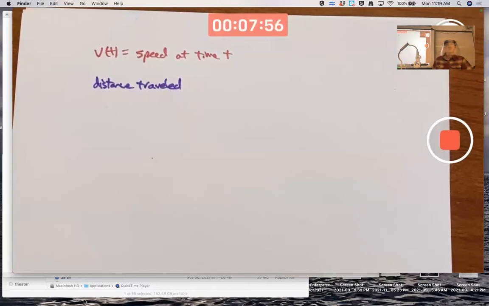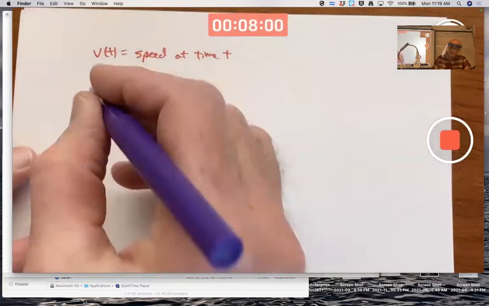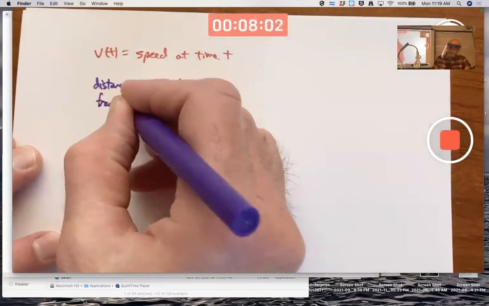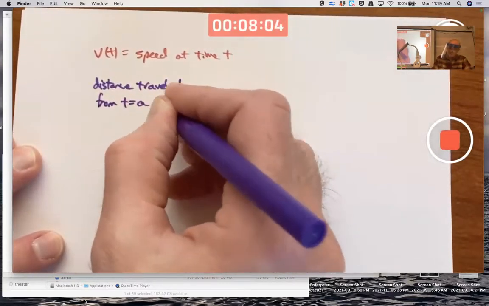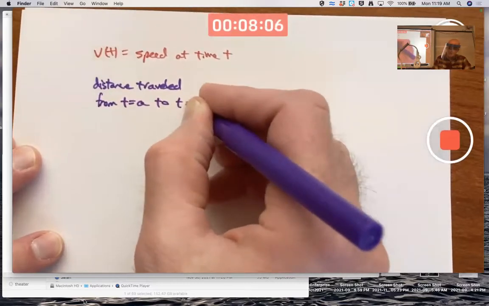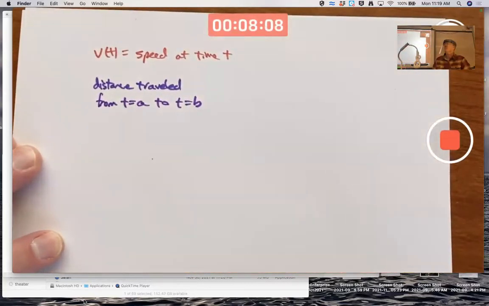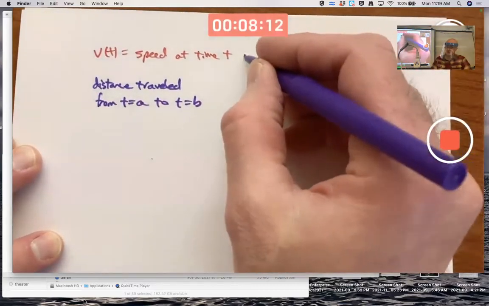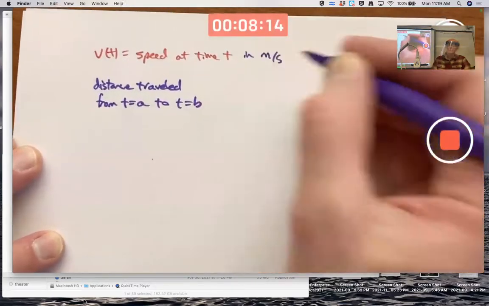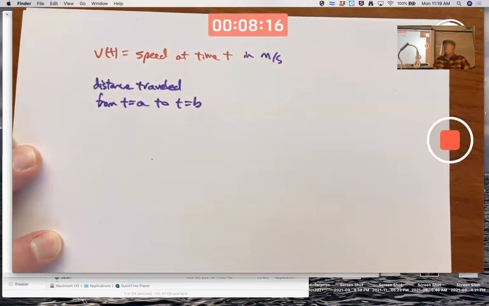But I also could just think of a particular interval from, say, a to b, and say, what is the distance traveled over that particular interval of time? Say the speed is in meters per second. The distance traveled then would be in meters.